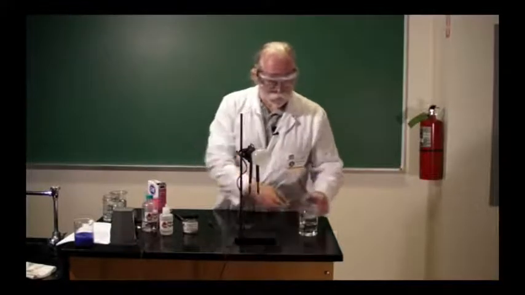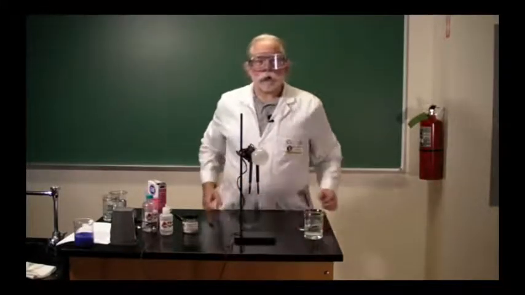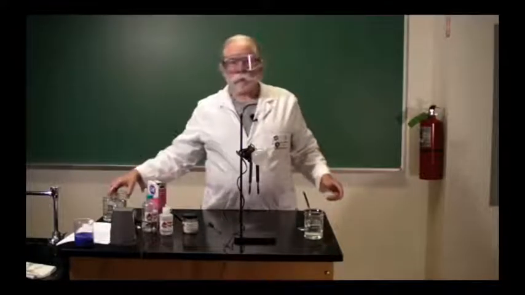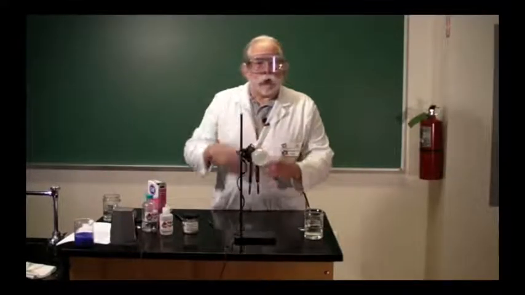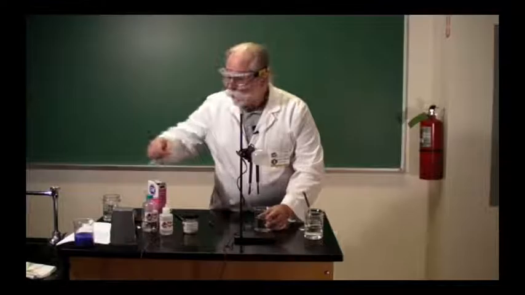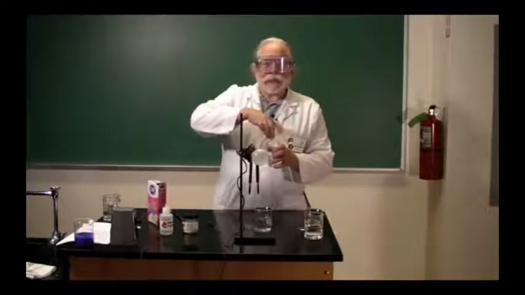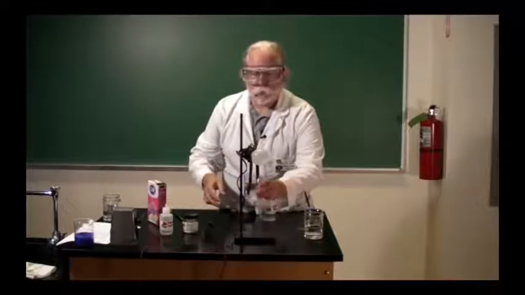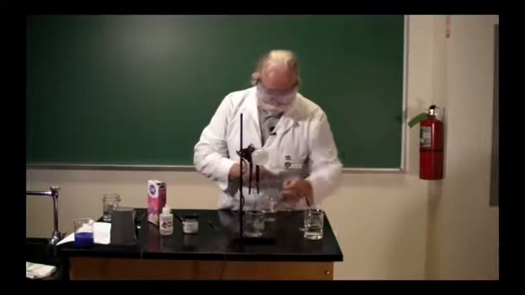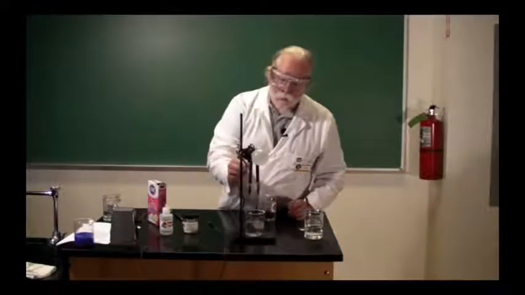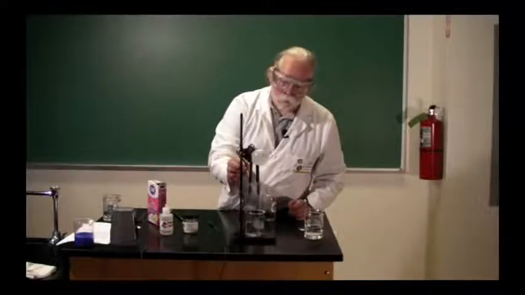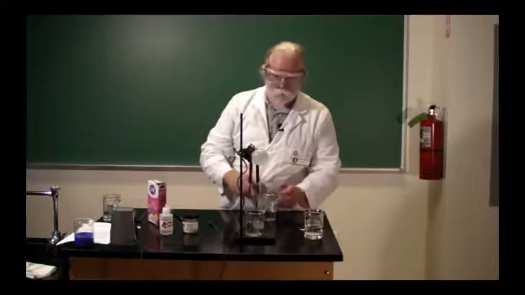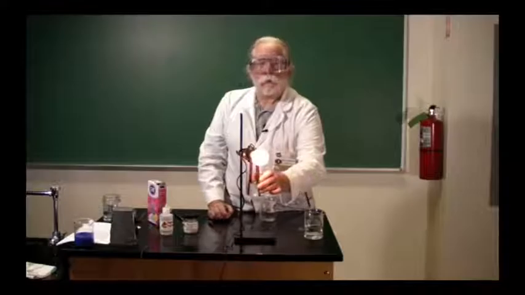Doesn't form any ions. Some acids and bases are also strong electrolytes. Here's an example of some hydrochloric acid. Only a little bit in the water, and about 10 drops will allow the light to light up very brightly.